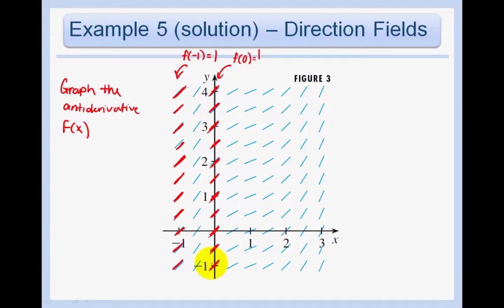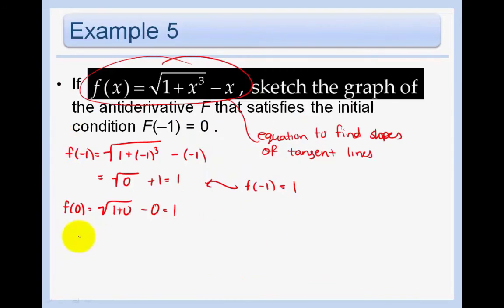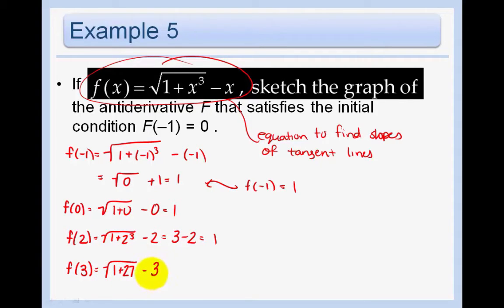Let's go back and try to find it at 2 and at 3. It's going to be 9. The square root of 9 is 3. So I get 1. F of 3 is going to be 1 plus, about 2.292.